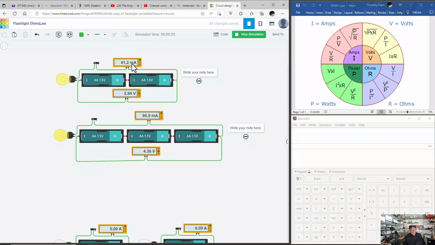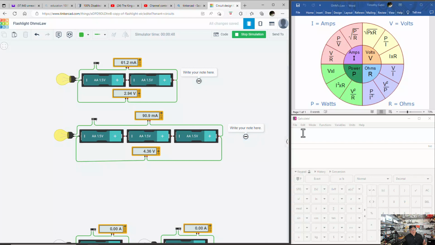So in order for you to do your math, you're going to have to move the decimal place over 3 places to the left. So it would be 0.0612. Milliamps is a way of making it easier to express thousandths of an amp. So this is 61.2 thousandths of an amp. The voltage is 2.94 volts.